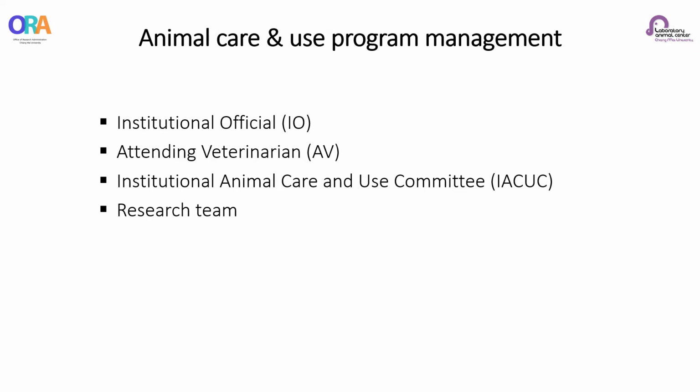Two, the attending veterinarian, or AV, is responsible for the health and well-being of the laboratory animals used at the institution. Okay, and the third is the IACUC group. I would like to talk about it in the next slide.